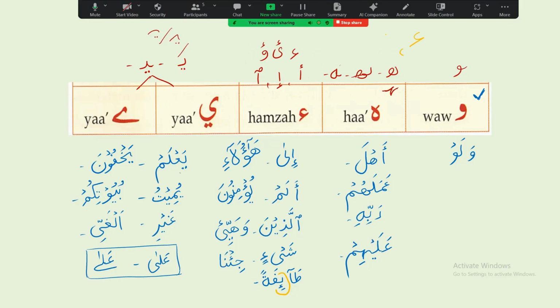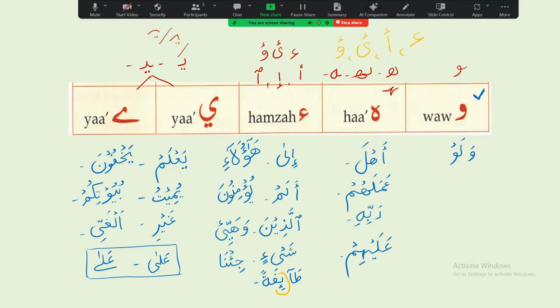Then, when Hamza comes on any other letter, for example on the shape of Alif, or on the shape of Ya, or on the shape of Wow, that will actually be Hamza and not the other letters written below it.